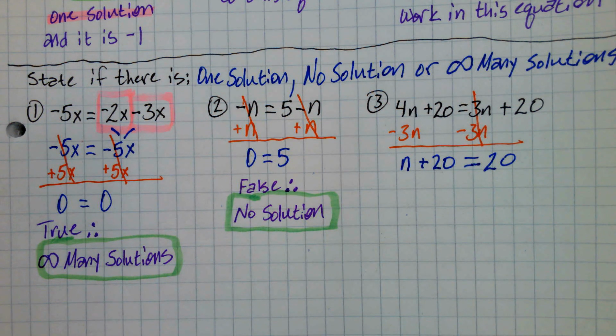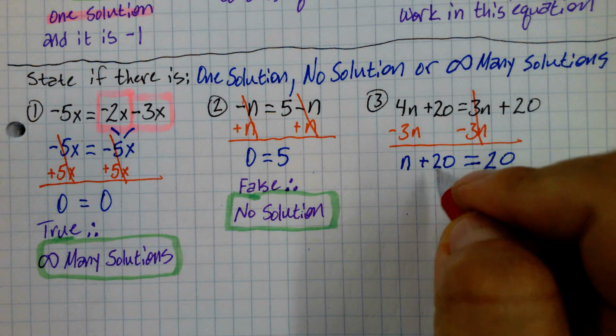One solution? Why is it going to be one solution? Why do you think? Think about this. If I continue, will I get an answer like n equals something? If you can continue and get an answer n equals, in this case, 0, then yeah, that's one solution.